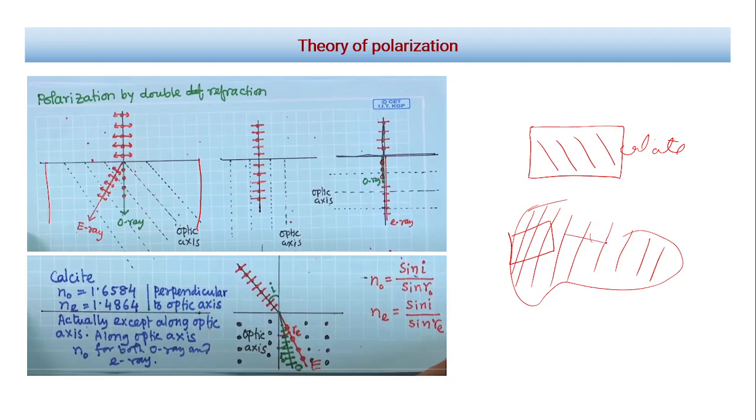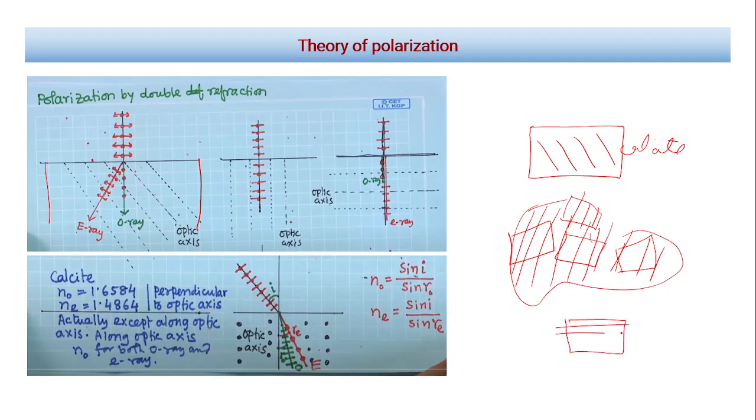If I cut out the material such that the optic axis is parallel to the edges of this rectangle, or if I cut it out differently, it will be different. It depends how I'm cutting out my required slab, so the optic axis may be in a different direction.